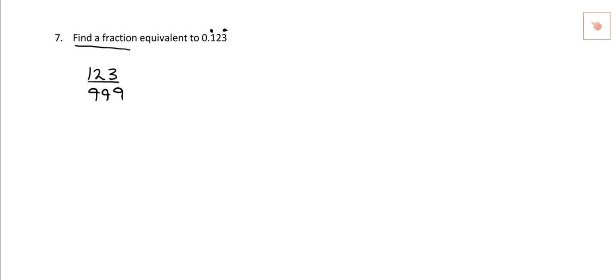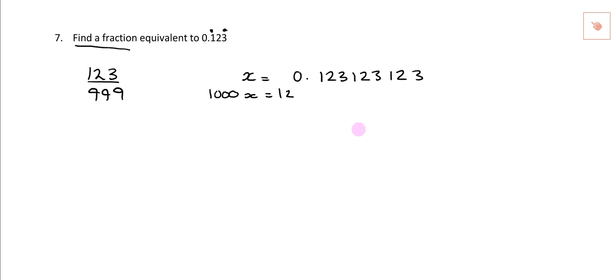It was just one of those questions I took from the book and I thought, oh, I'll see what they remember. If they remember, it takes 1 second to write the answer down. If they don't, it might take them a while and they might freak out a little bit. But if you want to go through the methods, remember we said x was 0.123123123... So then we want to multiply by 1,000.